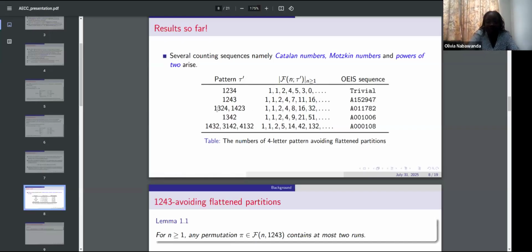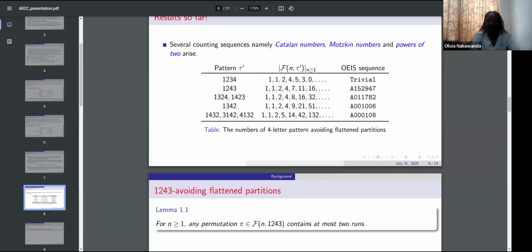Then for pattern 1324 and 1423, we had this sequence, which is a power of 2. 1342 still gave us a Motzkin sequence. And then these last 3 patterns gave us a Catalan sequence. So those were our findings.